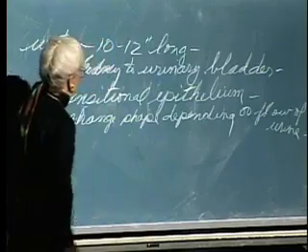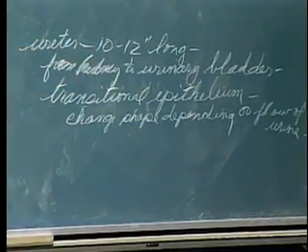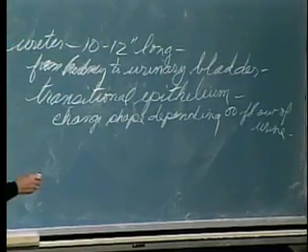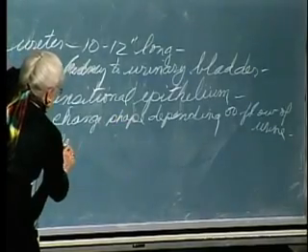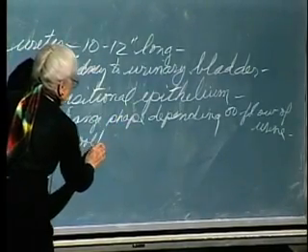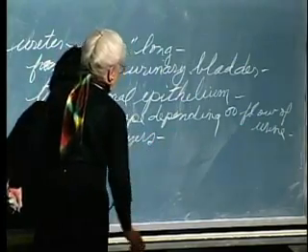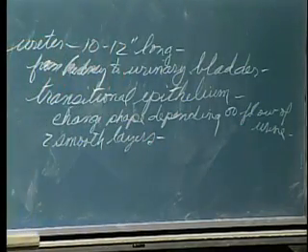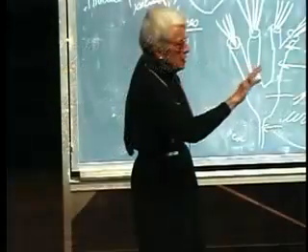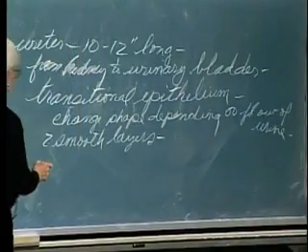And then the ureter will have smooth muscle layers, two smooth muscle layers. Now what's interesting about the transport of urine down the ureter is that it's not just a continuous flow. There are intermittent contractions every 2 to 3 minutes.